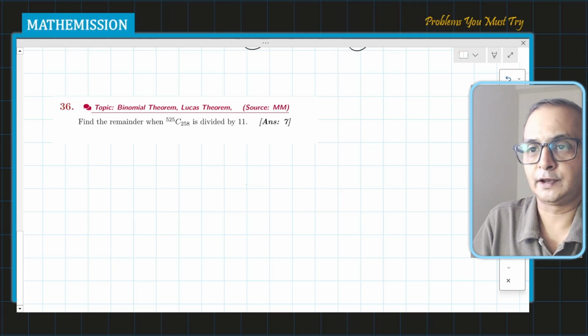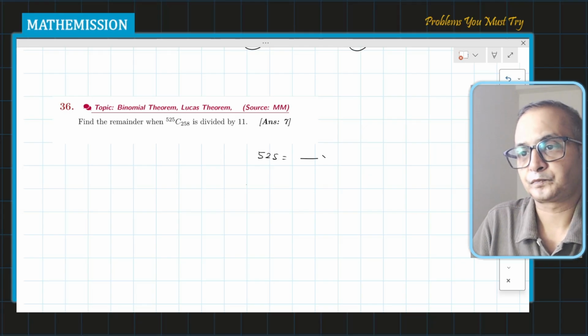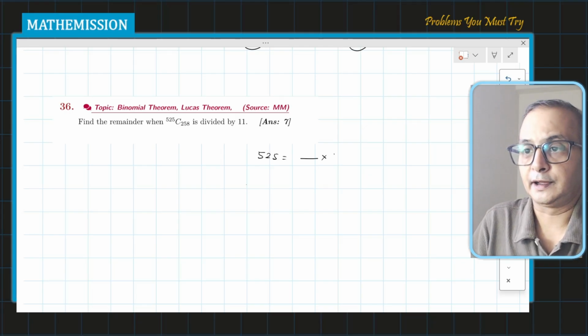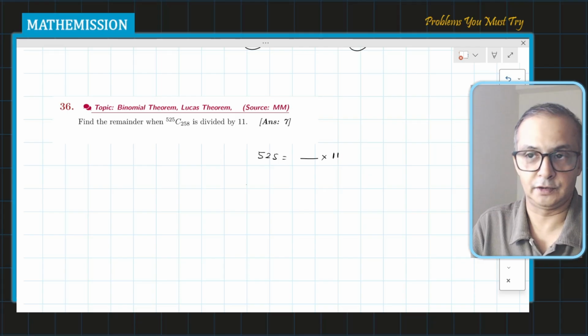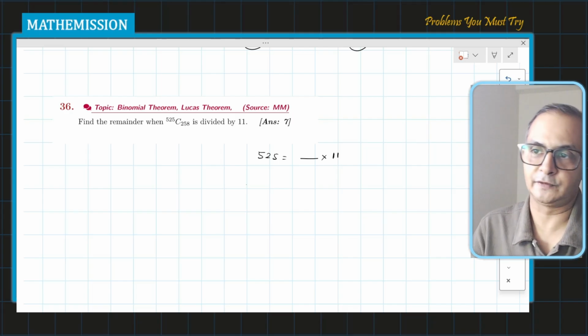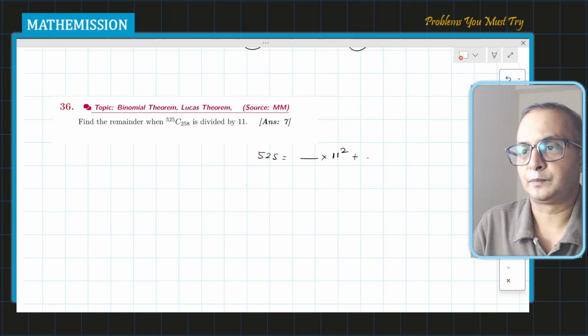I have to write this 525 as 11 square, because the nearest power... yes, 11 square. 11 square is 121. If you take 11 cube, it will exceed 525. So 11 square, and plus again I'm writing 11, and again plus 11 to the power 0.